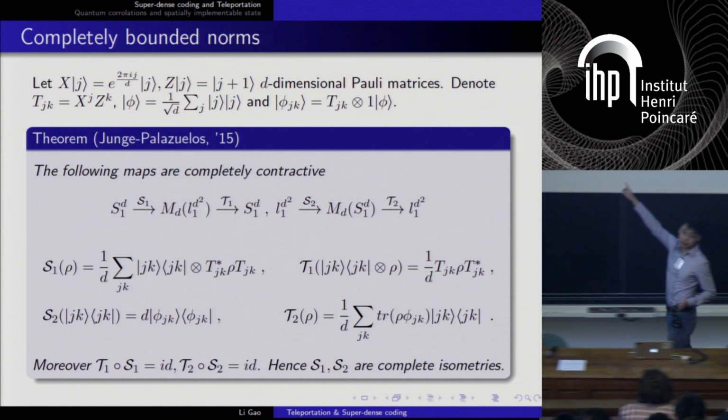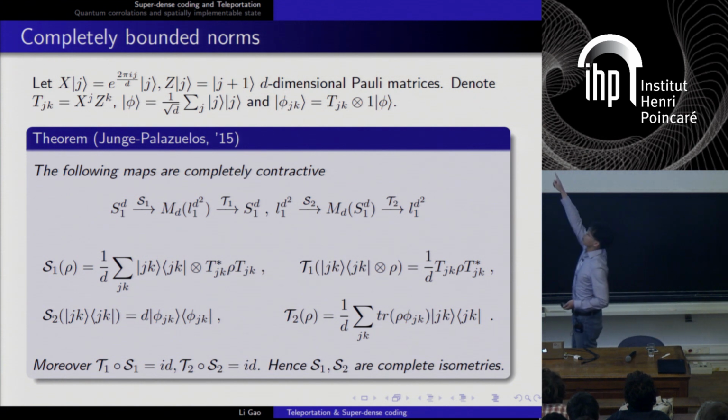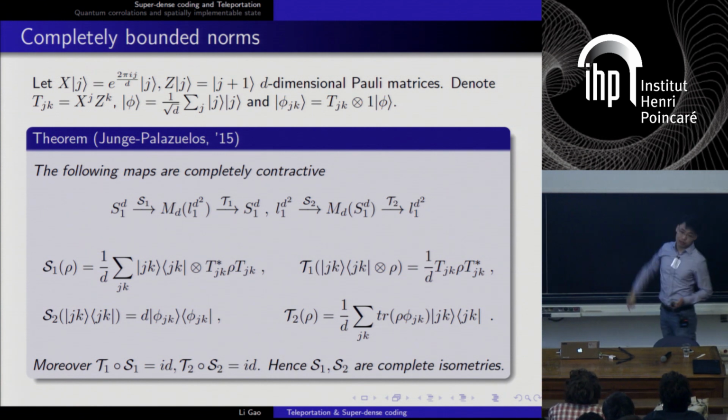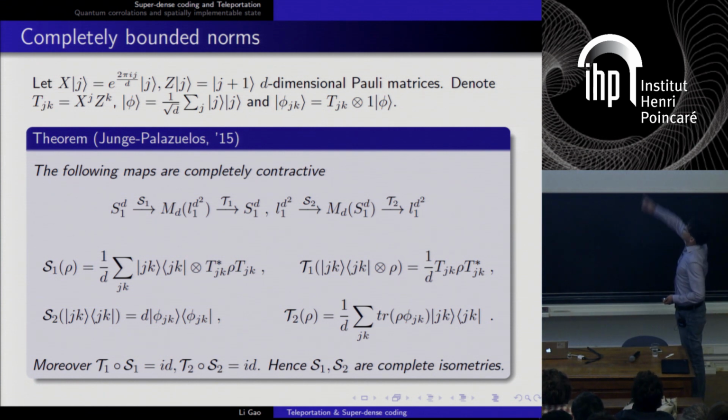So this space embeds as a completely 1-complemented subspace. This is a correspondence. The map basically comes from the quantum teleportation protocol.